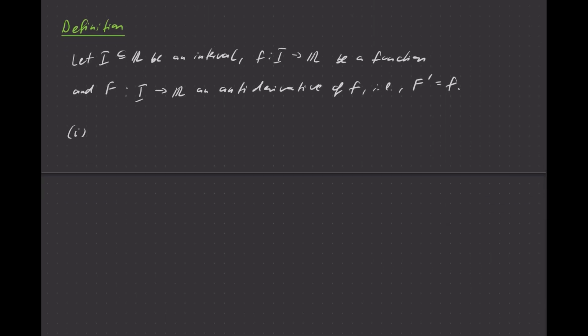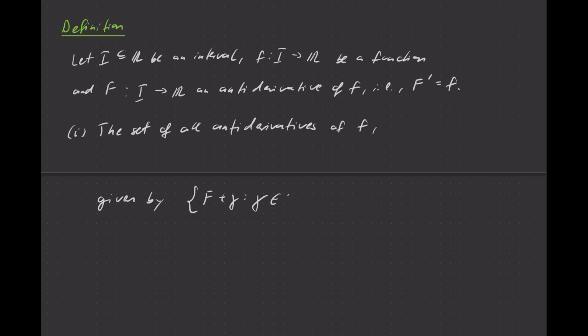Then, first part of the definition, we can consider the set of all antiderivatives of small f, given by, well, that is simply the set of capital F plus gamma, and gamma is any real constant. So, as I said, if you have one antiderivative, you just add arbitrary constants, you get all the others.